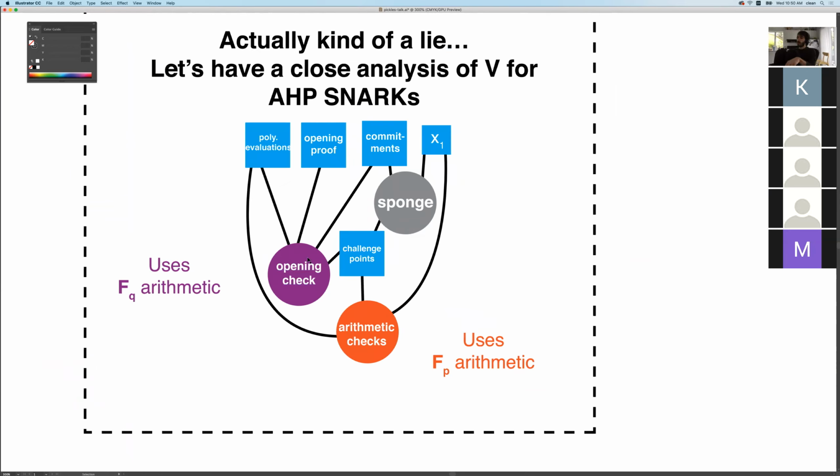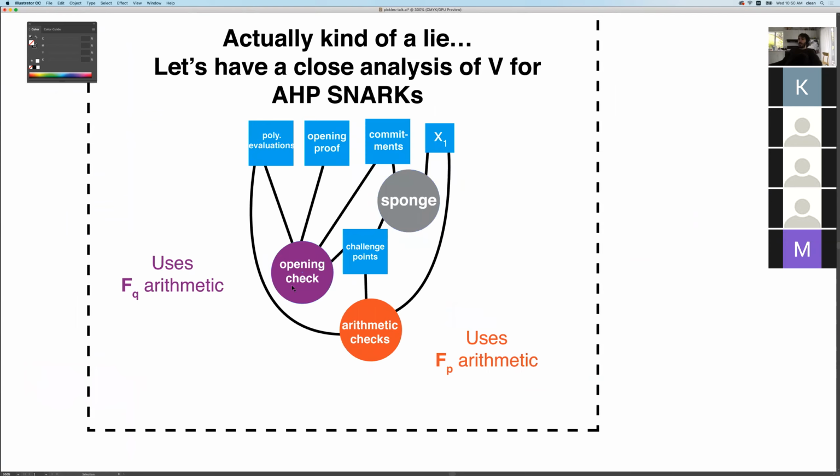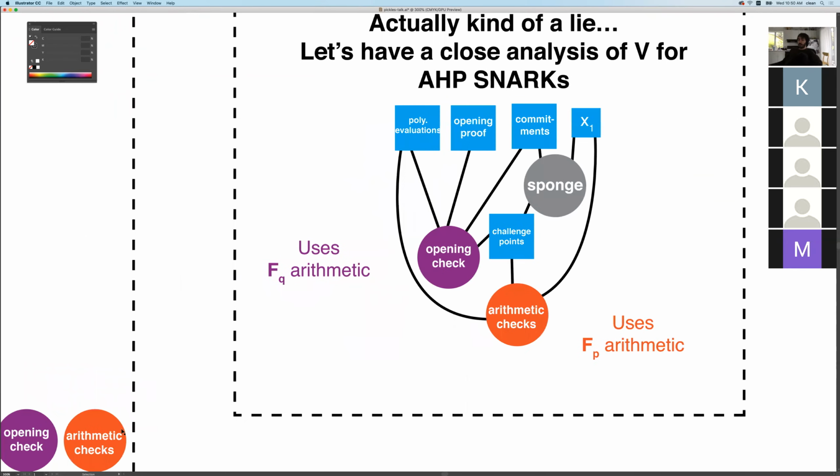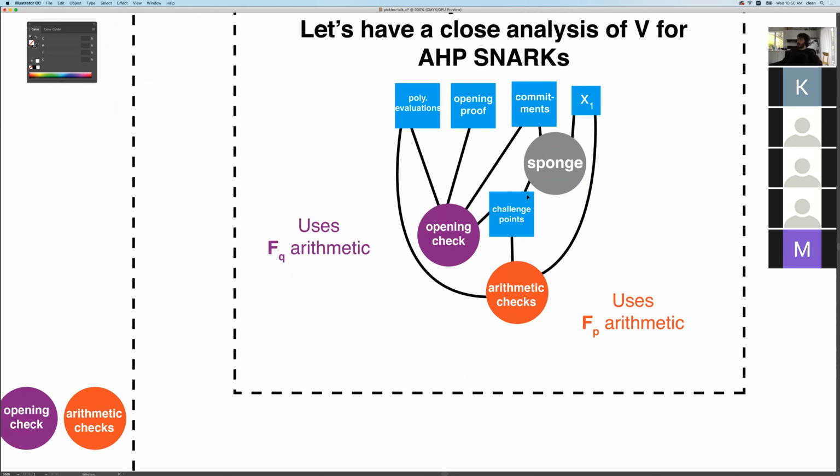Remember, circles are computation. There's three components of the computation. There's checking the opening proof. There's checking the arithmetic equations on the polynomial evaluations. And there's producing the verifier's random challenges via a random oracle sponge.